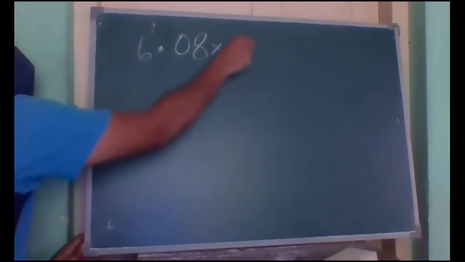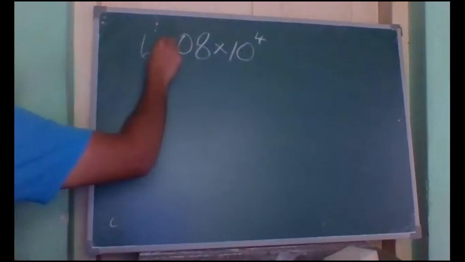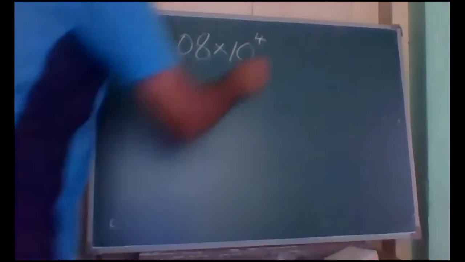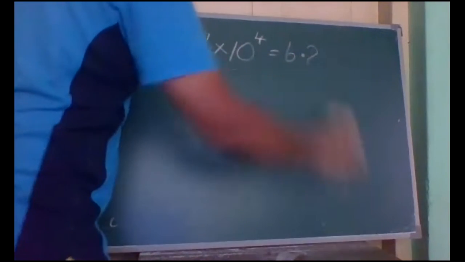That means the scientific notation has been given first. How to develop that one into general form? What is that? 6.08 into 10 to the power 4. So 10 to the power 4 means what? How many numbers are here?